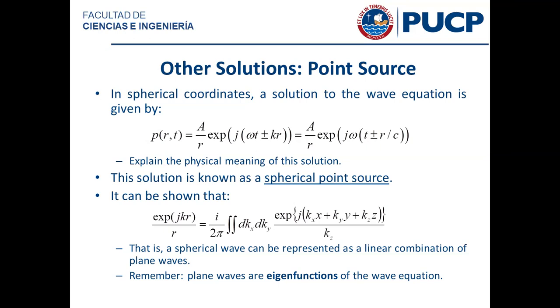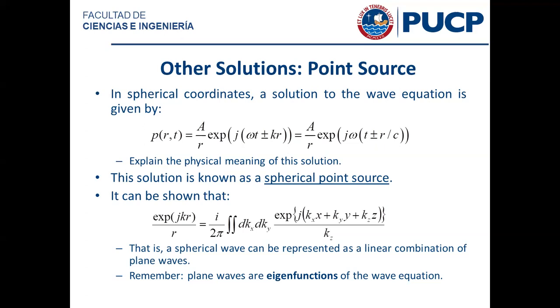Which is kind of neat, and very well expected, actually, to be quite honest, because if plane waves are the basis for the solution of the Helmholtz equation in Cartesian space, that means that any solution in any other coordinate system better be expressible as a combination of plane waves, because plane waves are the solutions to the Helmholtz equation.